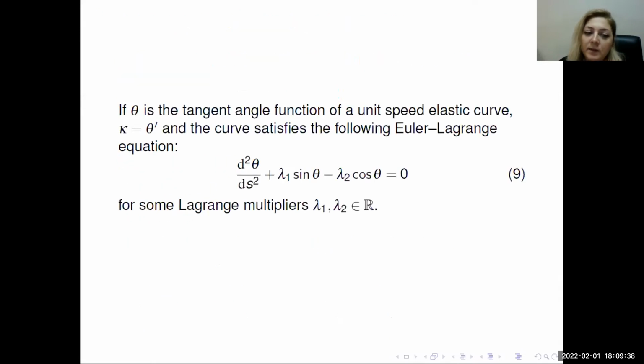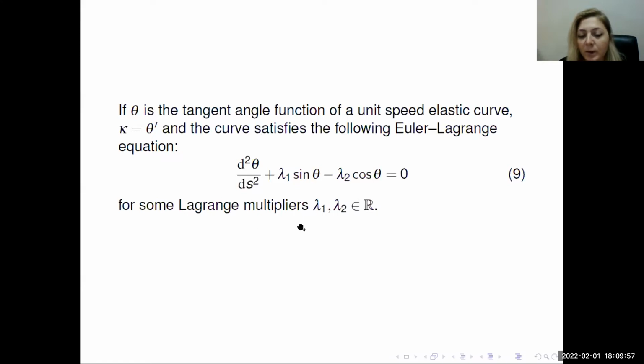If theta is the tangent angle function of a unit speed elastic curve, then the derivative of theta equals kappa, the curvature, and the curve satisfies the following Euler-Lagrange equation.